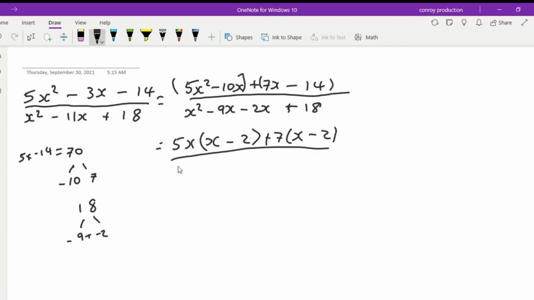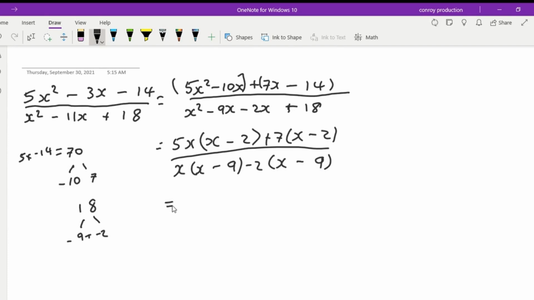And at the bottom, we're factoring out an x, x minus 9, and we have a minus 2 right there, x minus 9. Okay.